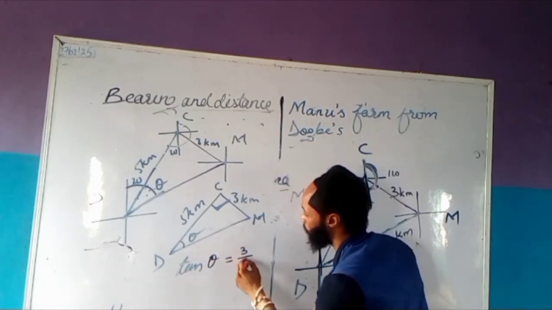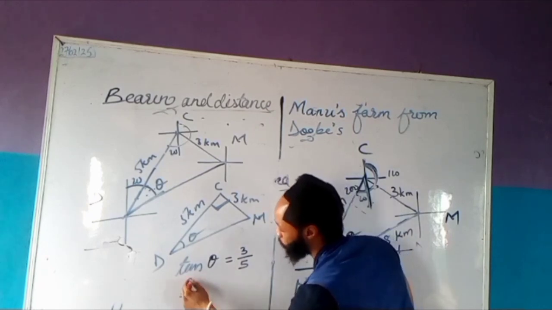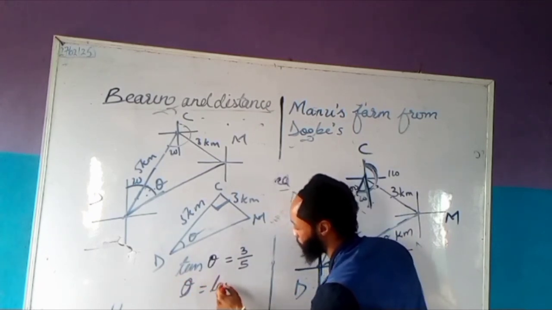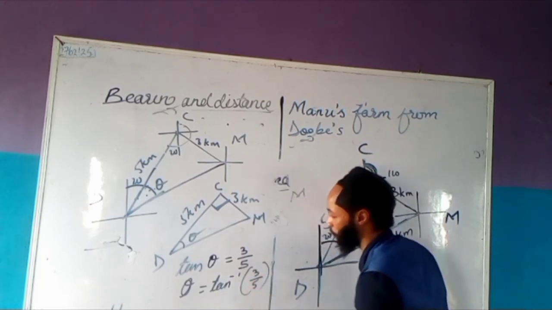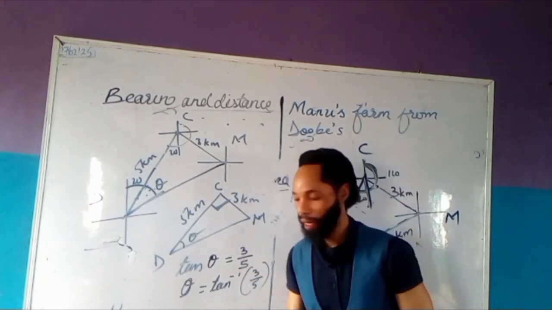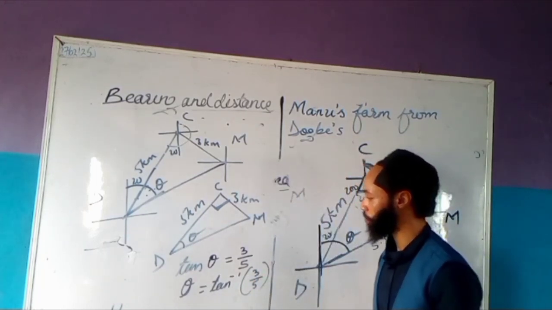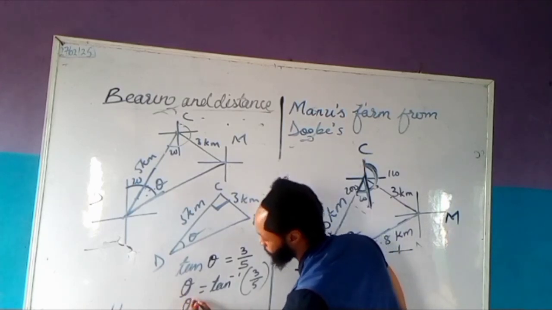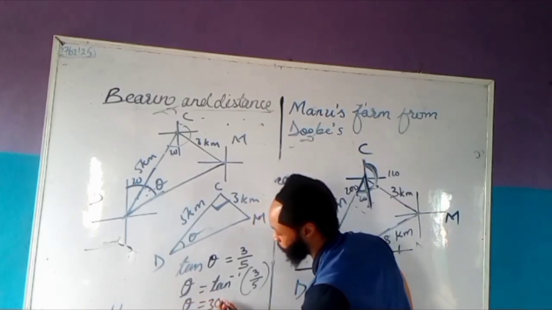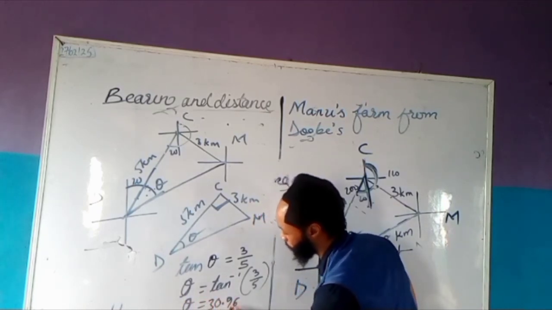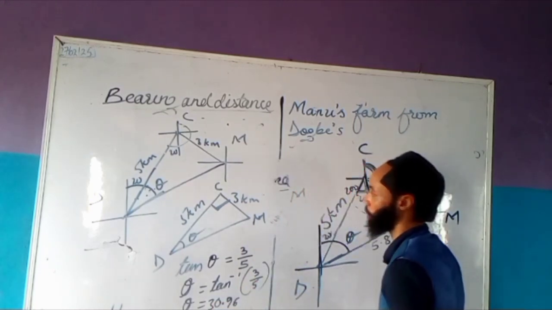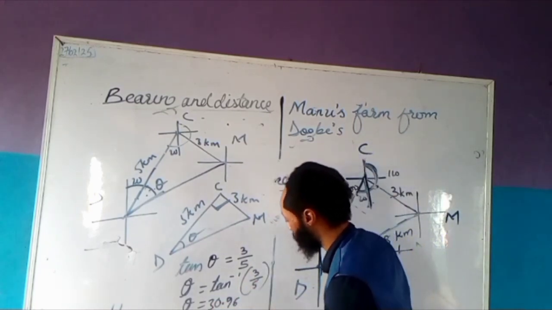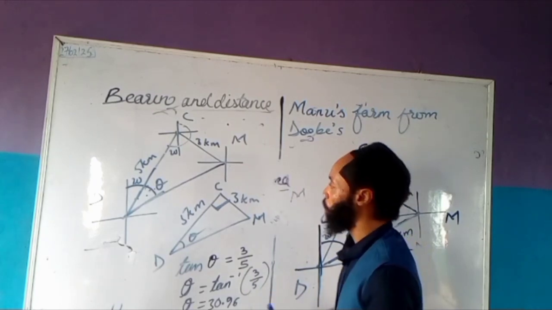Tan theta will be 3 over 5. So the angle will be arctan of 3 over 5, which is 30.96. If I approximate it, we get 31 degrees.